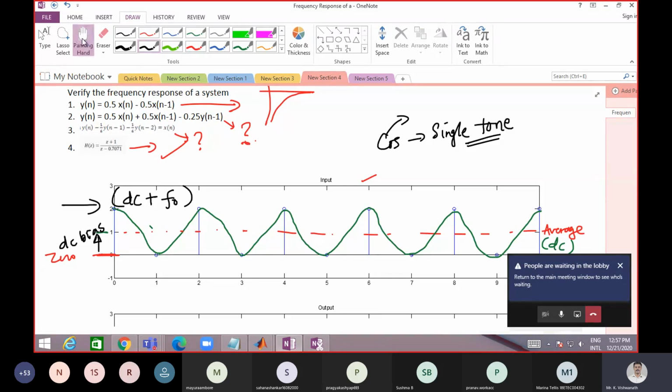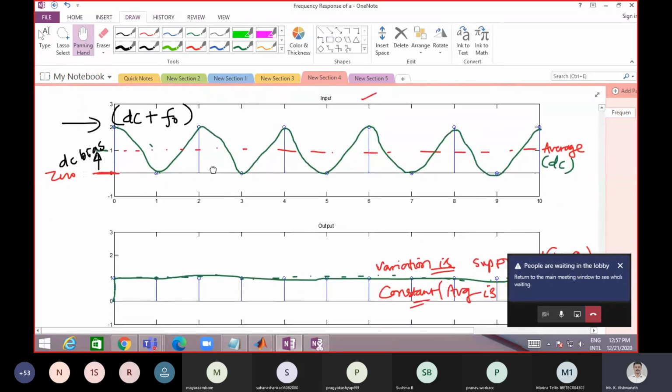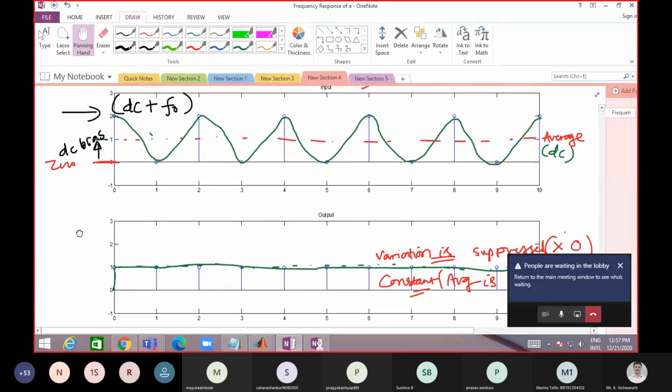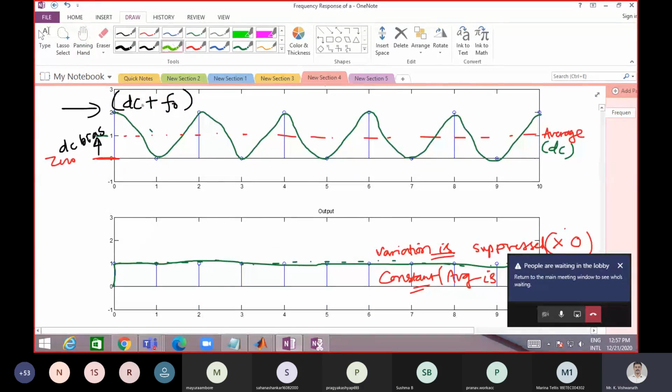Now, after filtering, what is not there and what is remaining? The DC is remaining, whereas that variation is not there, correct?